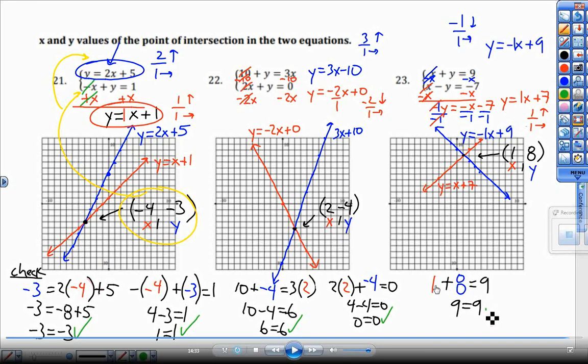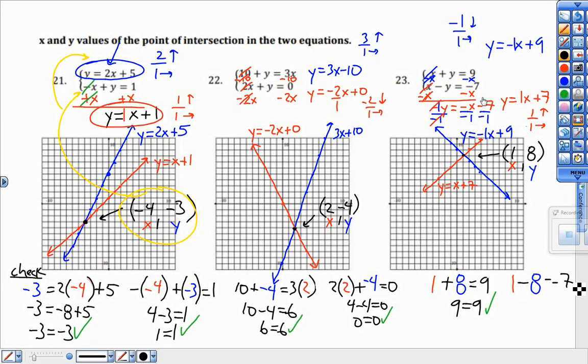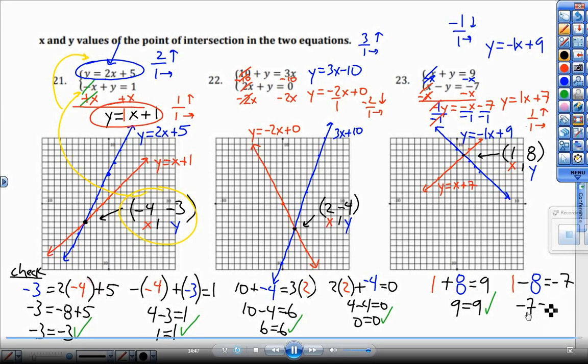And then, of course, that 1 where x used to be and that 8 where y used to be gives me a true statement. 9 equals 9. If I take that and plug it into the next one, 1 right there, minus that 8 for y, that should equal negative 7. That is another true statement. So that proves that point is a solution to that system.